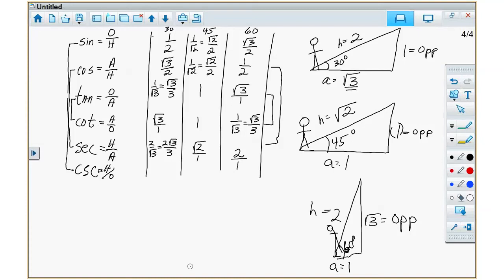Somebody check that one, make sure I did it right. Cosecant is the reciprocal of sine, so that'd be 2. Cosecant here would be 2 over square root of 2, or square root of 2. And this would be 2 over square root of 3, which would be 2 square root of 3 over 3.